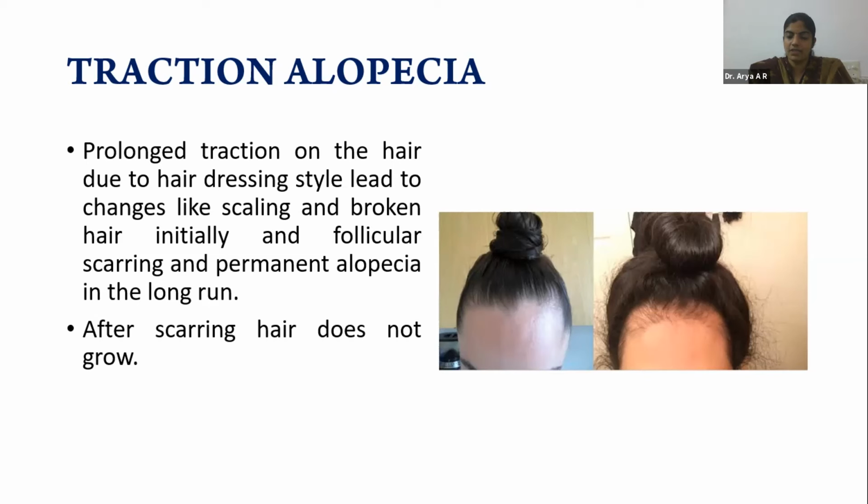Once there is scarring, no more hair will grow there. Initially the hair will start to break and then lead to alopecia. So after scarring, hair does not grow over there. This is the condition called traction alopecia.